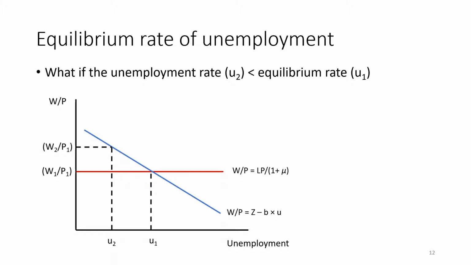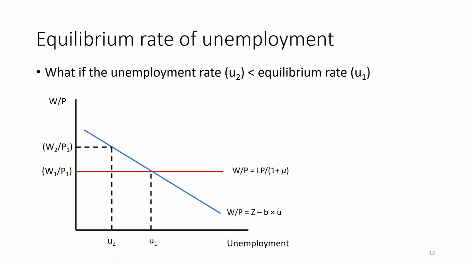Think about what might happen if the unemployment rate was to fall below this equilibrium rate, or NAIRU. Suppose actual unemployment was U2, and this is compared to the NAIRU, or the equilibrium rate of unemployment, at U1. Now, because unemployment is lower, workers become more ambitious in terms of their real wage demands, and therefore they increase the nominal wage in the bargain in order to try and achieve a higher real wage.